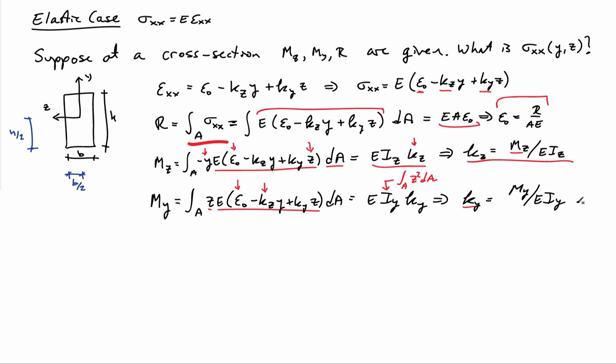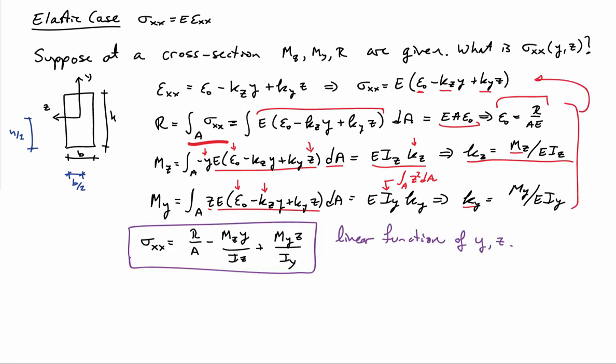So I can plug these three results into my expression for sigma x that I started with, and I have that sigma x is equal to r over A minus mz y over Iz plus my z over Iy. And so I end up with a linear function of both y and z in this situation.